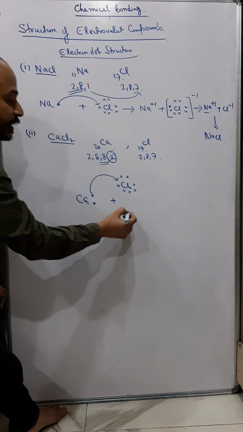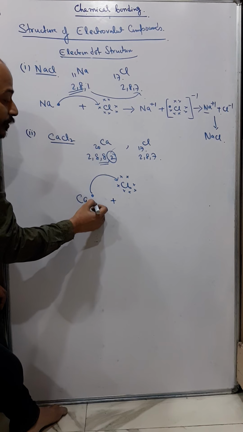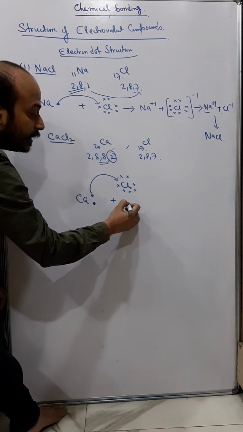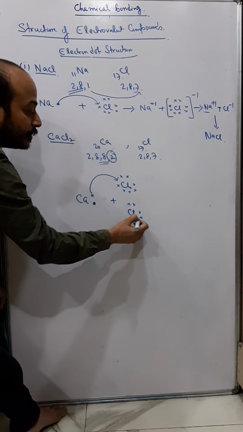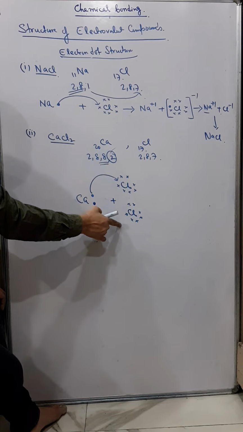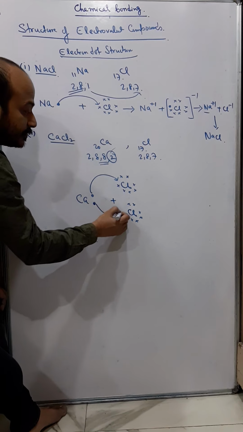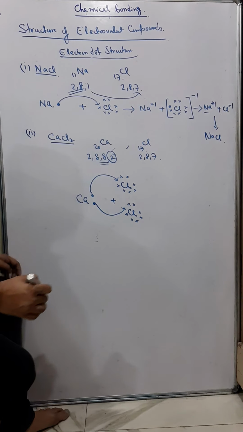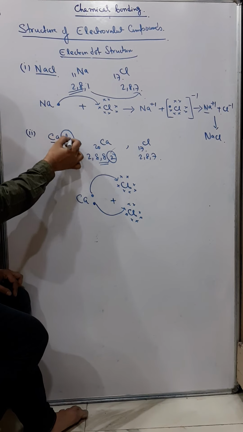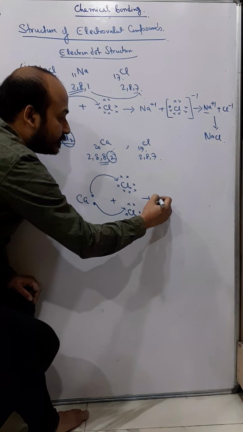So what happens? This calcium loses this electron to another chlorine atom. So hence calcium requires 2 chlorine atoms to become stable. So this will go there, and therefore you can understand you have the formula CaCl2.